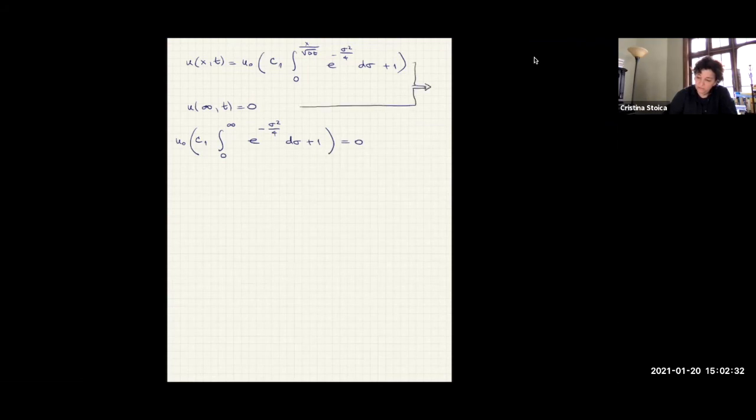And again, because u naught is not 0, we can cut it. We basically end up with C1 integral from 0 to infinity e to the minus sigma squared over 4 d sigma plus 1 is 0.